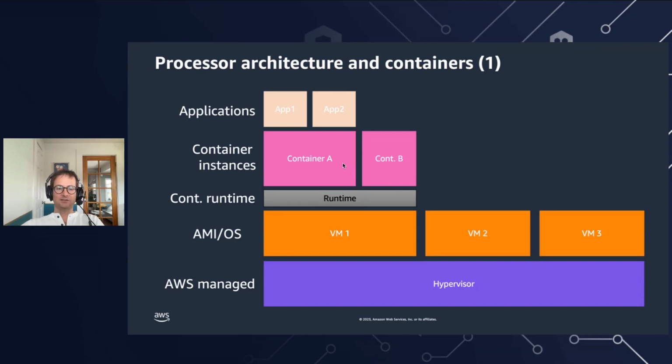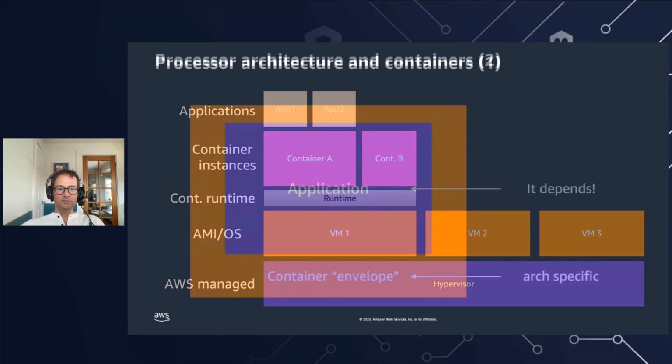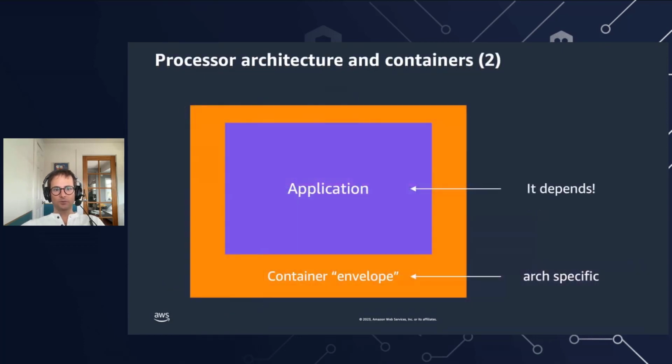And we'll dig into that in the next slide. And then at the very top of it, you will have your application, which depending on the language that it's written in, will be more or less architecture specific.